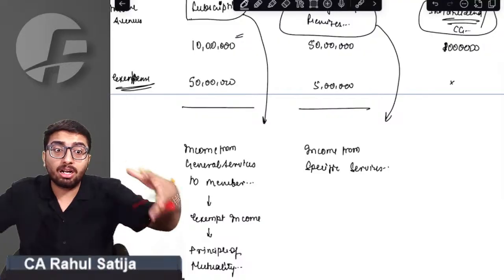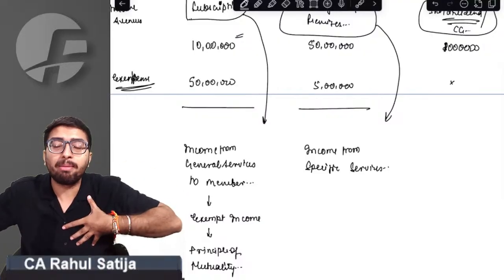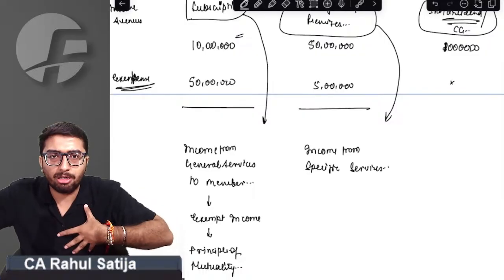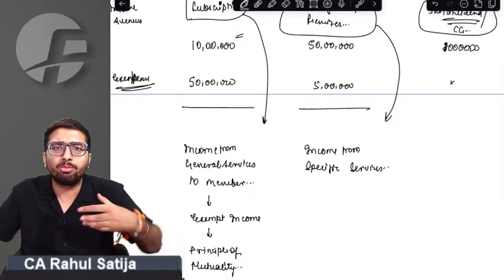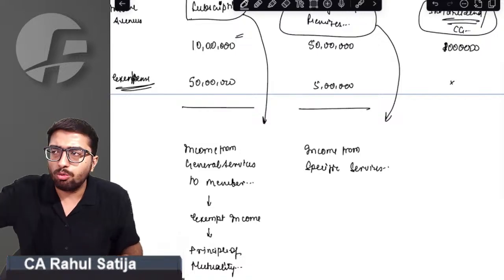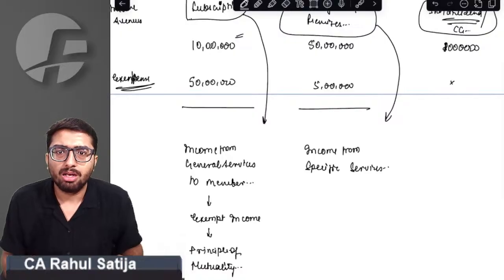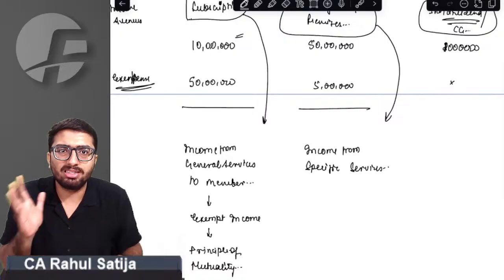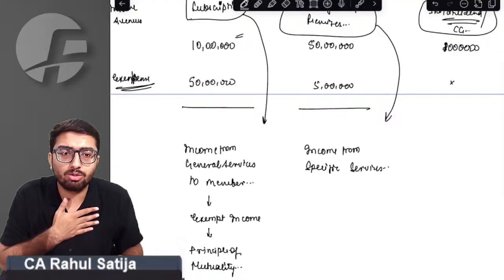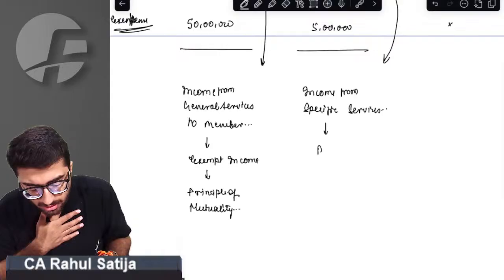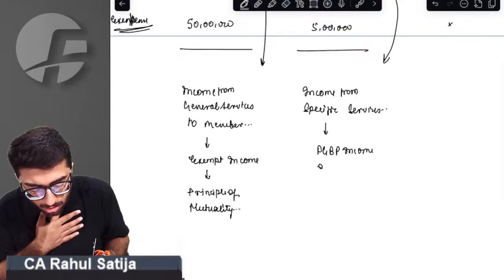But if that ground is specifically let out to me for my marriage or anniversary, and I am paying specifically, then this is a specific service given to me. Sir, this is not exempt. This is considered as PGBP income of the trade association.